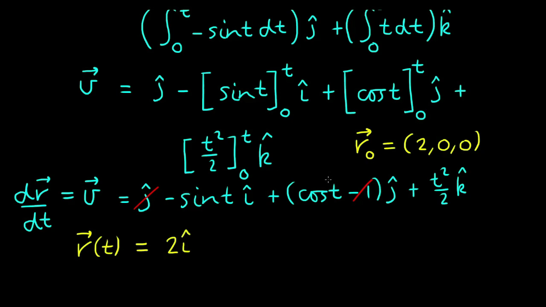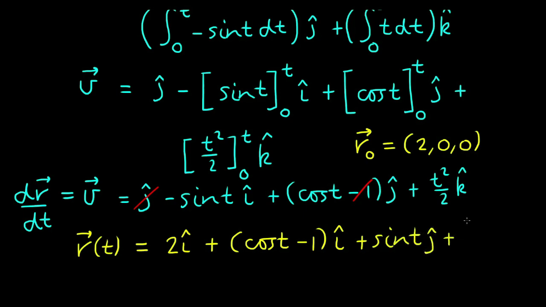And then integrating each of these expressions, we get minus cosine t evaluated at t and 0 in the i direction, plus sine t in the j direction, plus t cubed on 6 in the k direction.